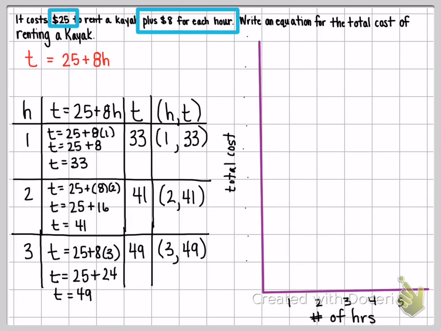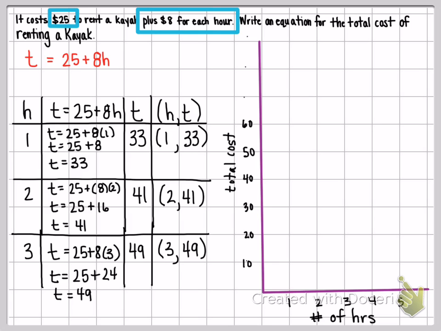So let's do that. Let's say that this is 10, and then 20, 30, 40, 50, 60. Now I really would have liked to go by 5s because it would make my graph more specific, but because I was short one box, normally in my paper what I would do is get a bigger piece of paper or do this problem in a different spot.